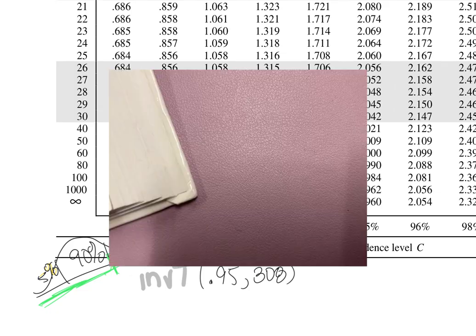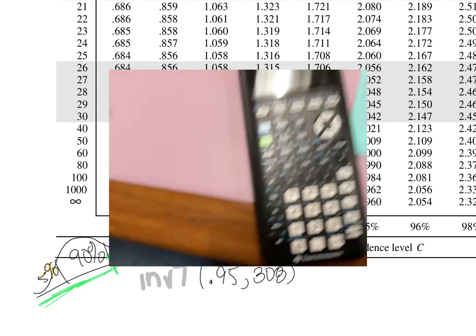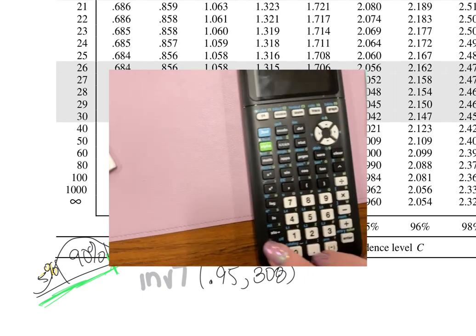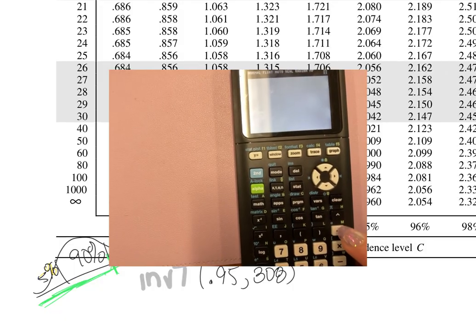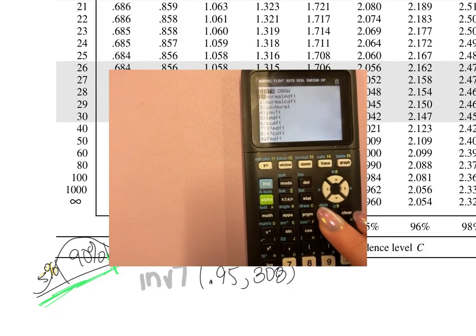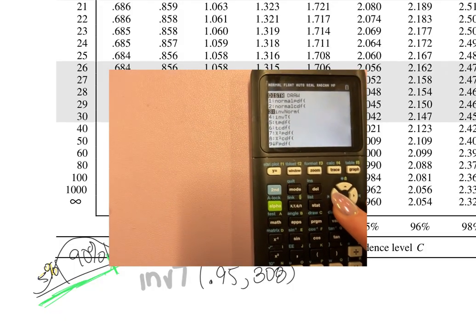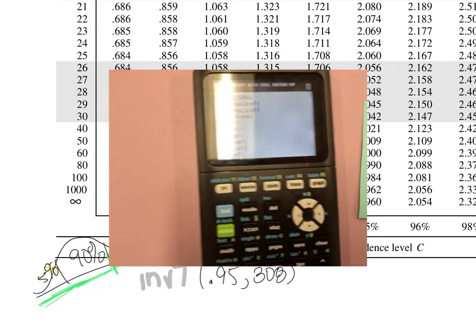Let me show you with a video. With the calculator. Okay, so it's second distribution. Where is that? Here we go. Above, it's the vars button. We're going to go down to inverse t.